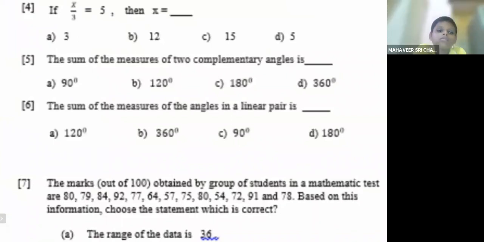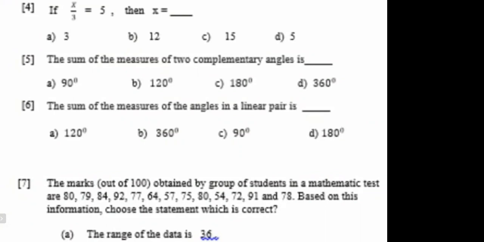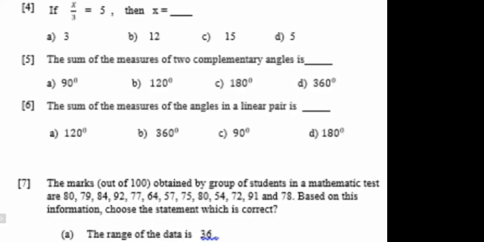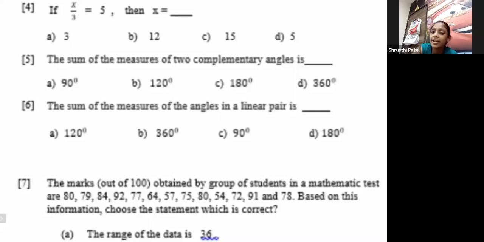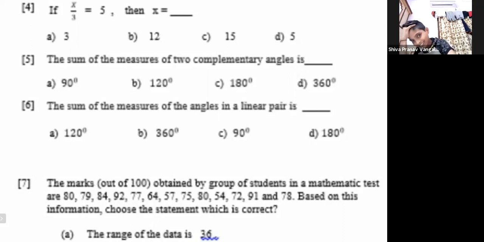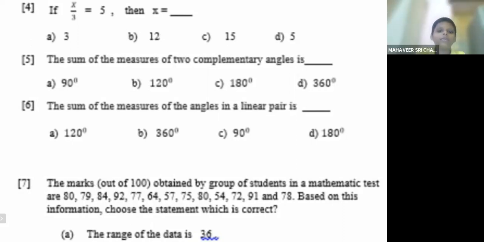Ma'am, they are asking about two complementary angles, so the sum of the measures of two complementary angles is 180. Others argue that we can't make a complementary angle without using two angles, so it will be 90 degrees.